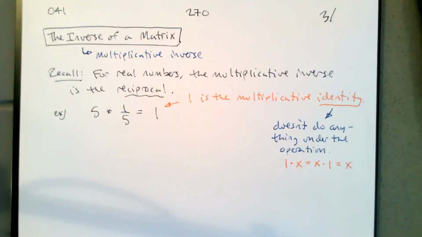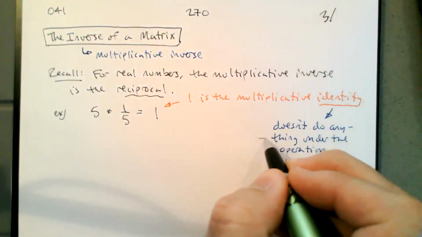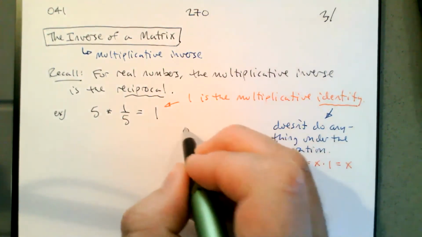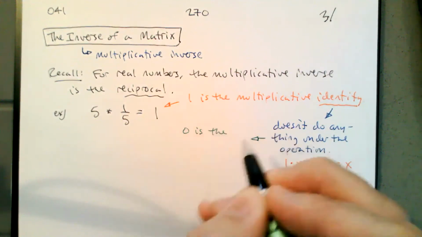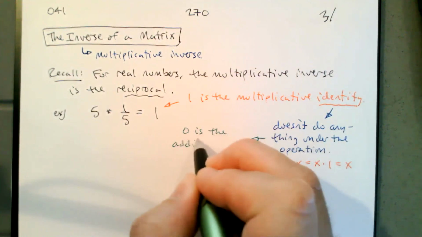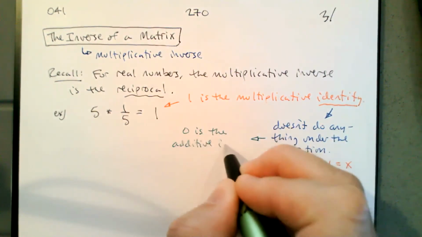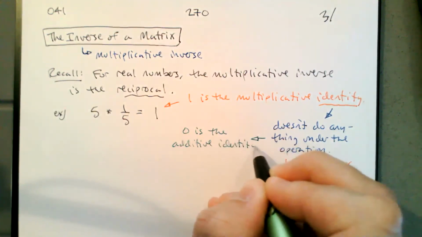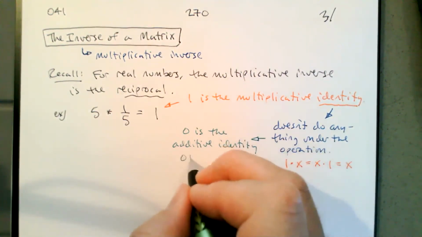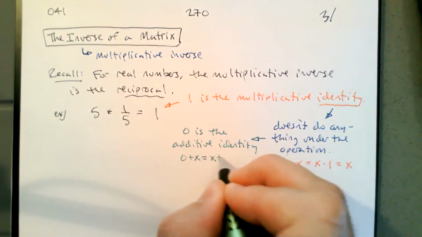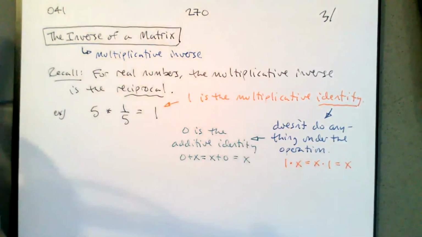On a related note, 0 is the additive identity. Zero plus x is x plus 0 is just x. 0 doesn't do anything when we add it.